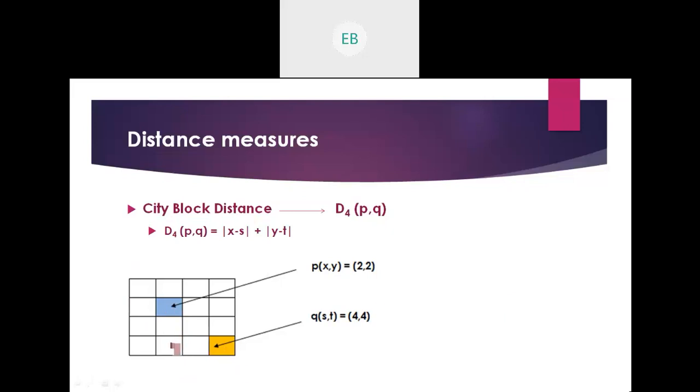Then when you go from this pixel to this pixel, these are adjacent pixels, so this distance is also 1. Again, from this pixel to this pixel, the value is also 1.